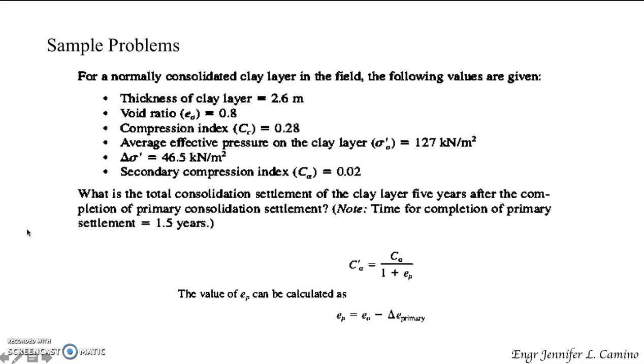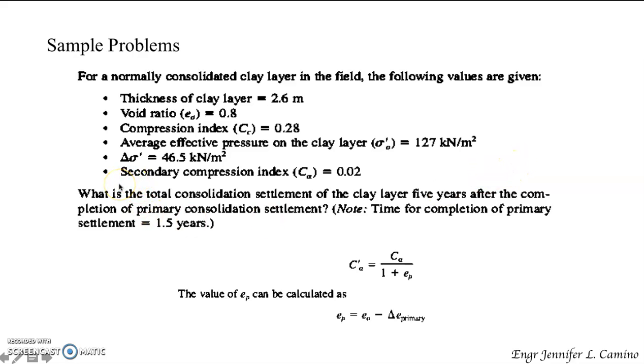For a normally consolidated clay in the field, the following values are given. The thickness of the clay layer is 2.6 meters. The void ratio, e sub o, is 0.8. The compression index, C sub c, is 0.28. The average effective pressure on the clay layer, sigma sub o prime, is 127 kilonewton per meter squared.